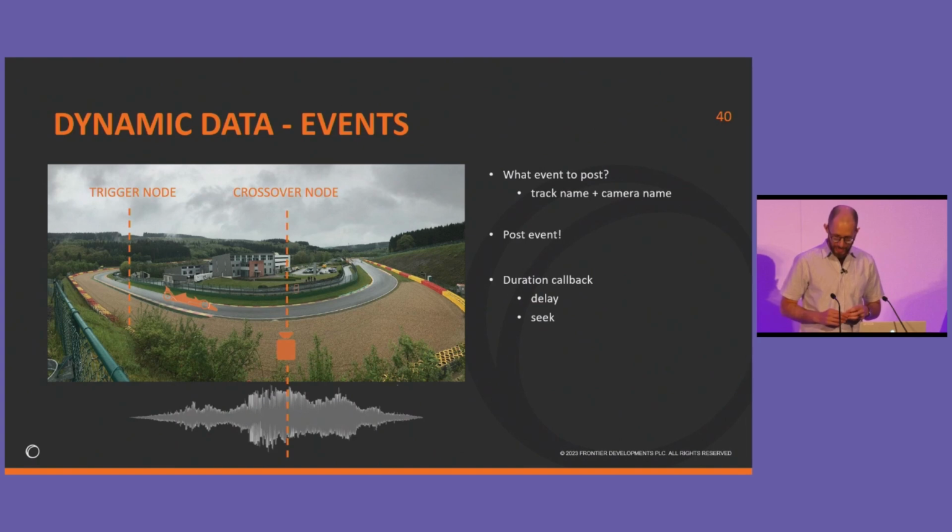So we would delay it if the car's some way away from the camera, or if we need to seek in that sample, say the car is very close to the camera and we need to skip forward in the sample. Again, we're aiming for the audio playback to reach the crossover point in the sample, in the bottom portion there, as the car reaches the crossover node on the track.